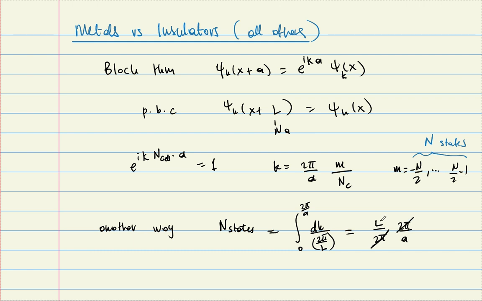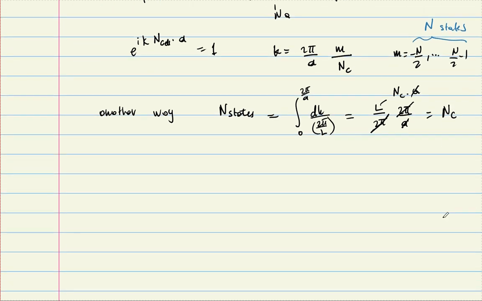Cancel that: this N is N_cell times a, cancel this a with this, and you have N_cell. So the number of states is equal to the number of cells.